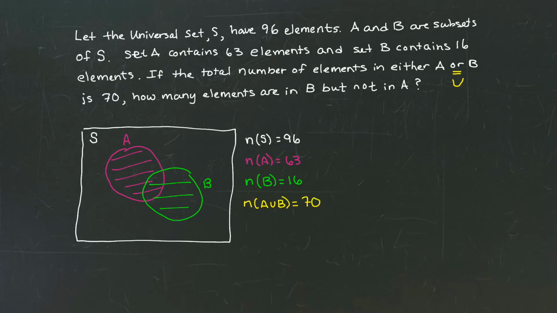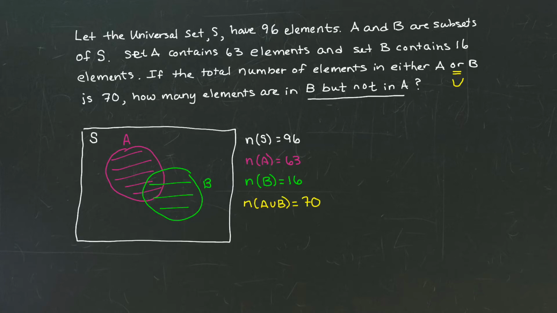Beautiful. So now we're to the most important part, which is identifying what we are actually trying to solve. The last question is what we're looking for. How many elements are in B, but not in A? Let's look at our Venn diagram.